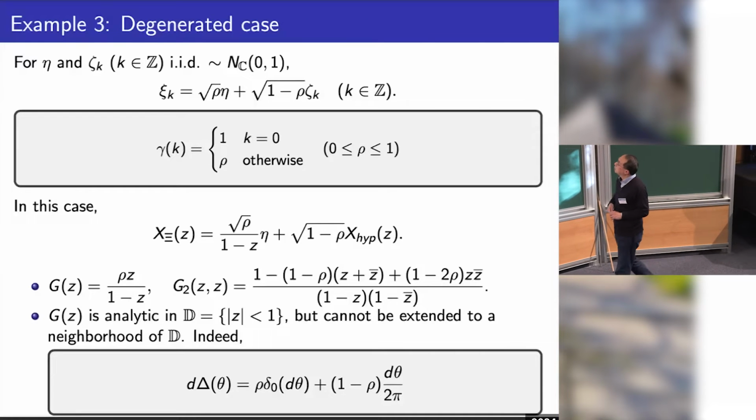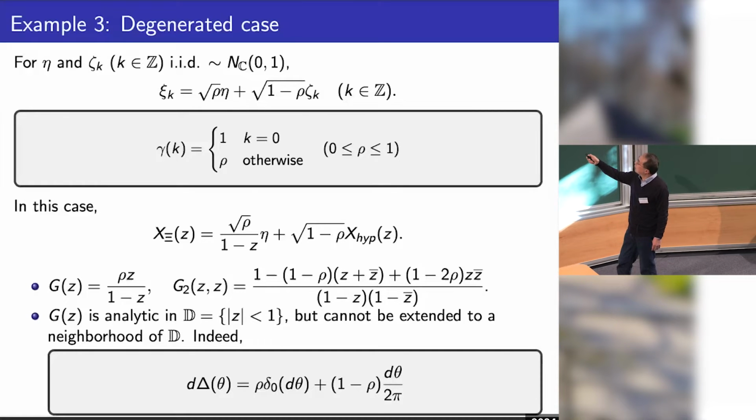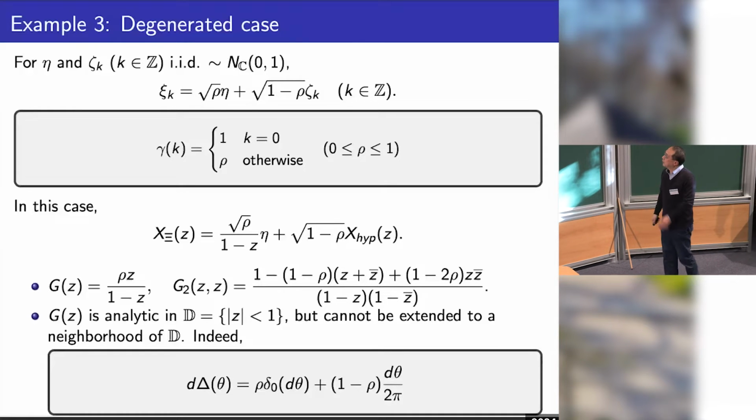Okay, the second one is a degenerate case. You consider eta and zeta k that are i.i.d., and you define this kind of discrete Gaussian process. Then the covariance kernel is 1 at 0 and otherwise rho. This is a degenerate case.